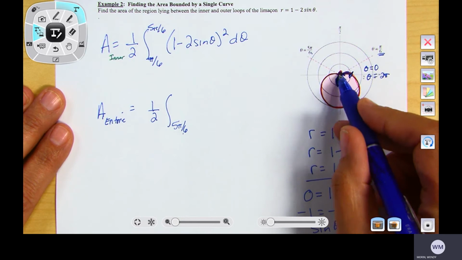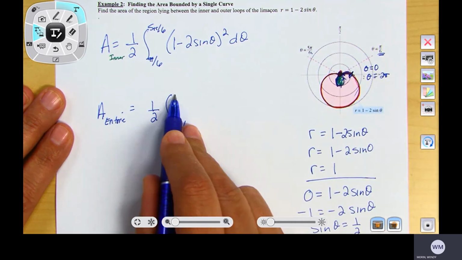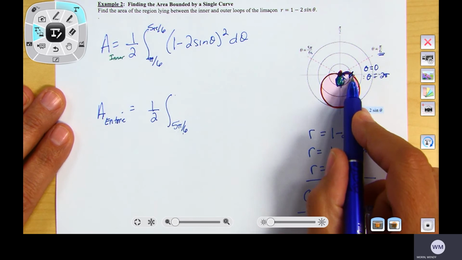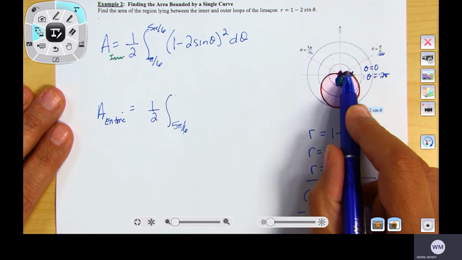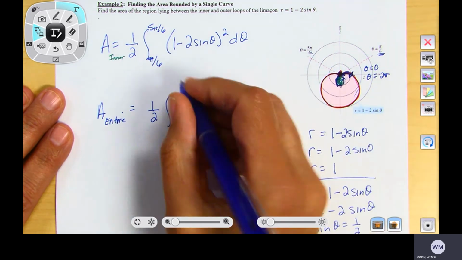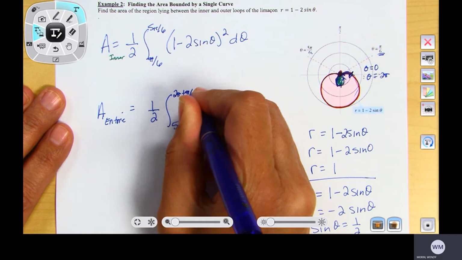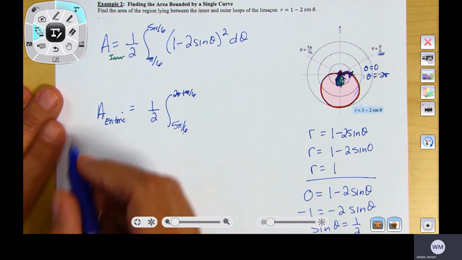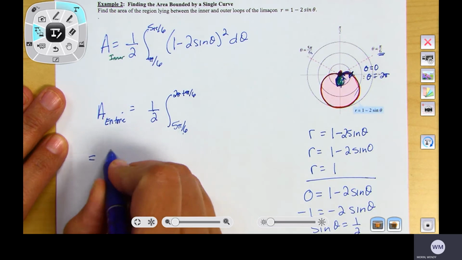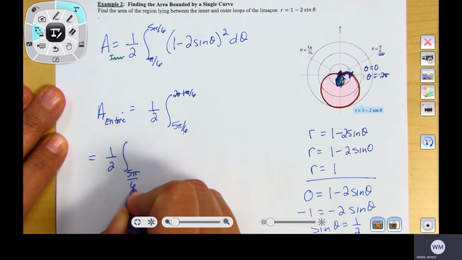So if I get to here, my angle, or actually it would be beta, up to this point would be 2 pi, plus a little bit more to get to here. So it's going to be 2 pi plus another pi over 6. That will give me my upper bounds. So that is 1/2 the integral from 5 pi over 6.